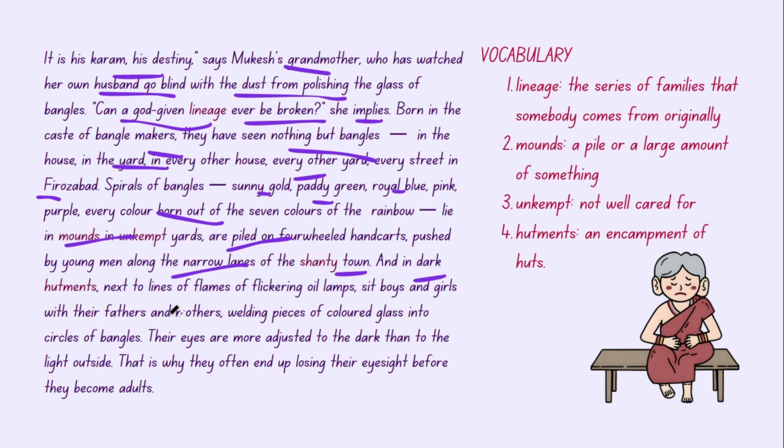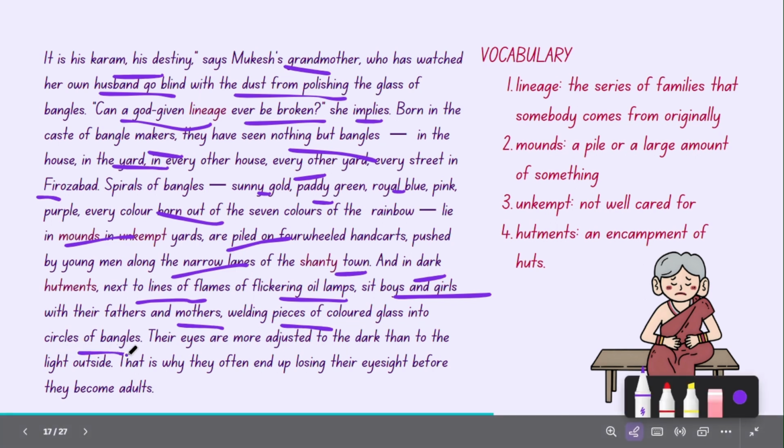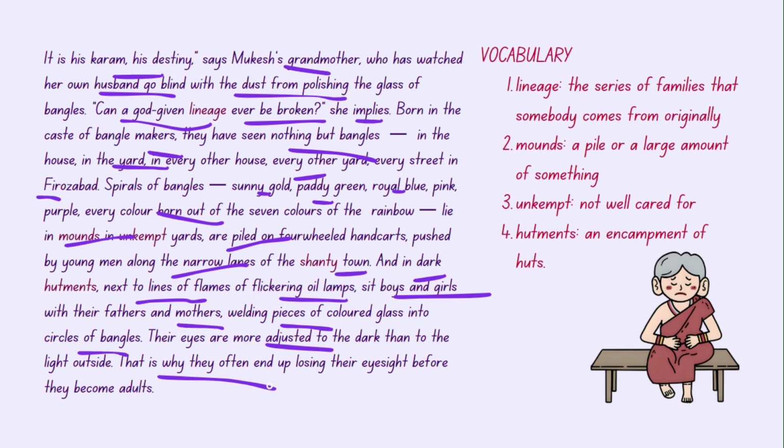And in dark hutments, next to lines of flames of flickering oil lamps, sit boys and girls with their fathers and mothers, welding pieces of colored glass into circles of bangles. Their eyes are more adjusted to the dark than to the light outside. That is why they often end up losing their eyesight before they become adults.